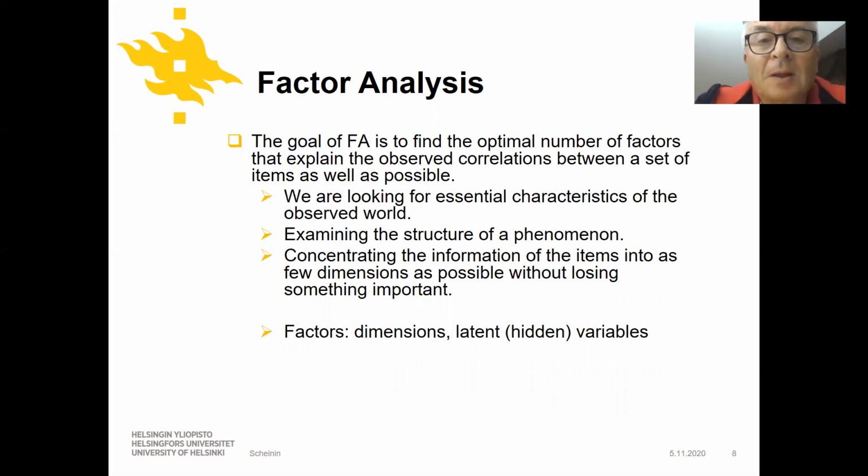So we are looking for the essential characteristics of the observed world, but such characteristics that you can't measure directly. Otherwise, we would go and measure them directly. And in education, we very often work with things that can't be directly observed.